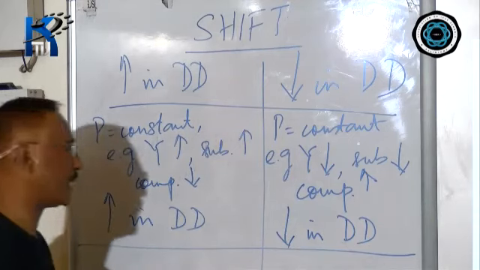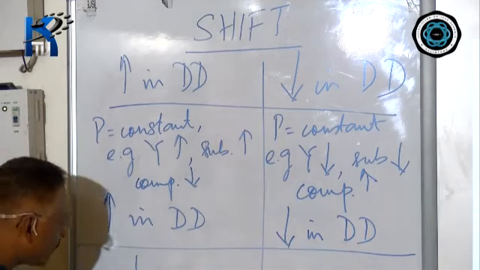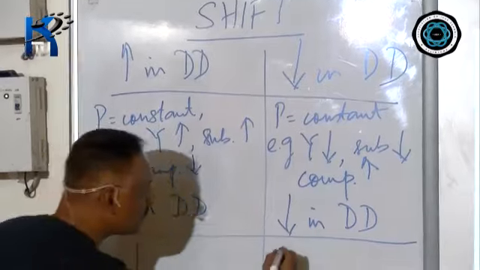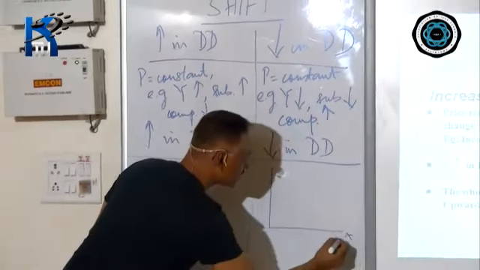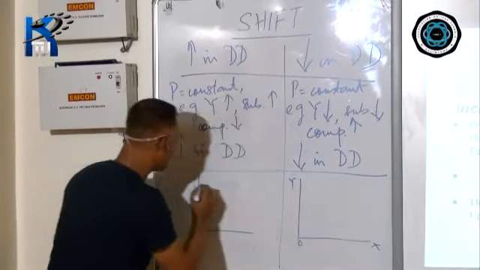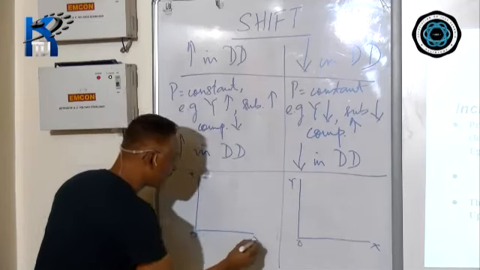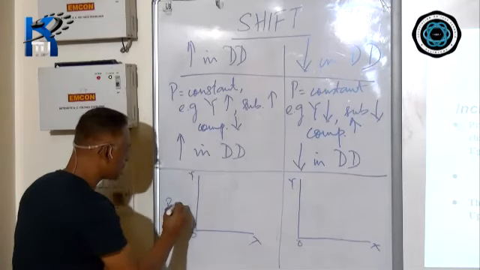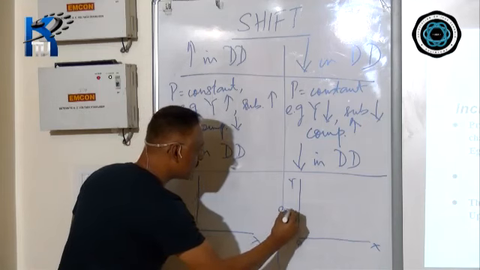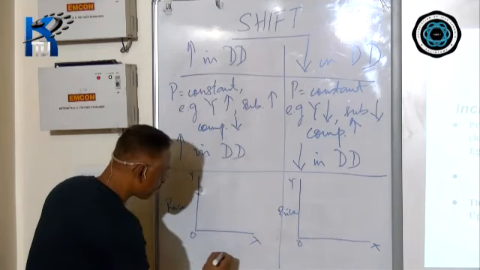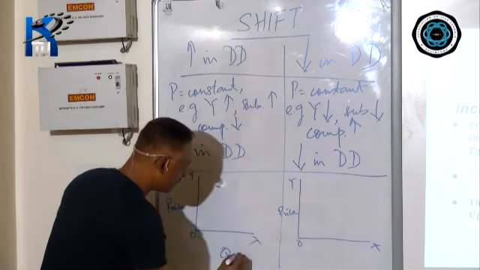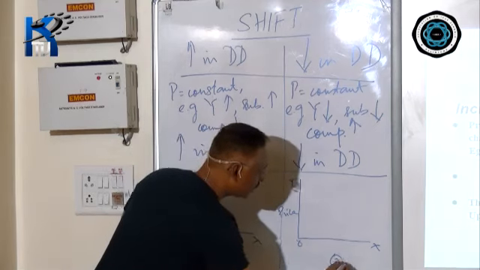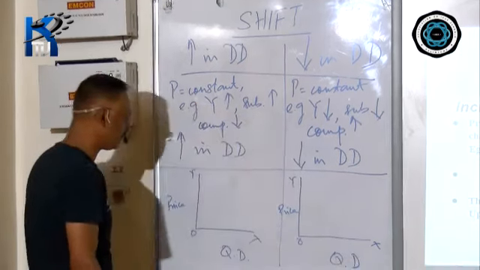Now the diagram. So we have a diagram where for this also same, you have x-axis, origin, y-axis. You have your price, you have your quantity demanded or simply demand.